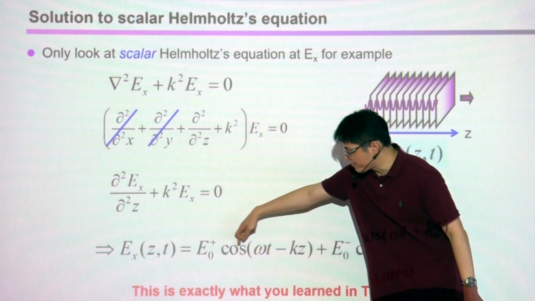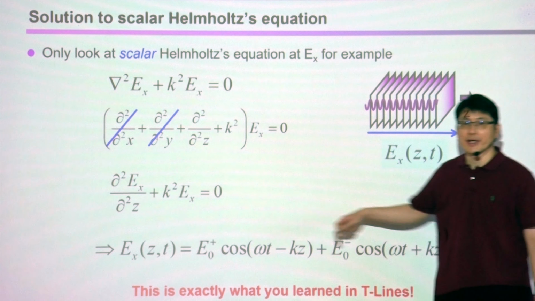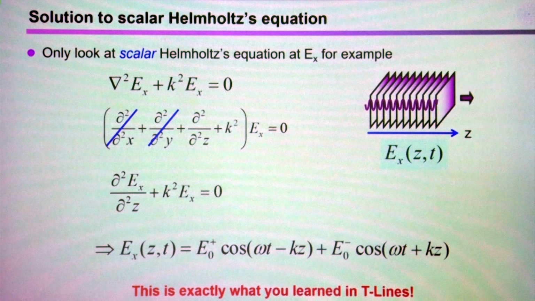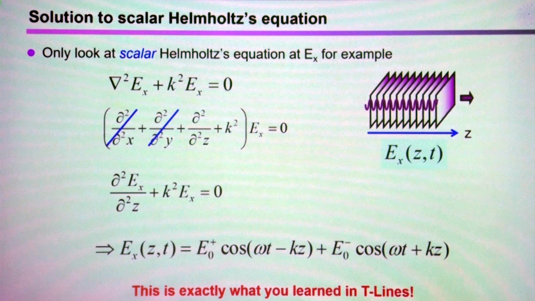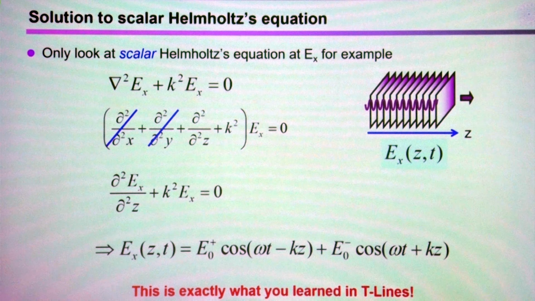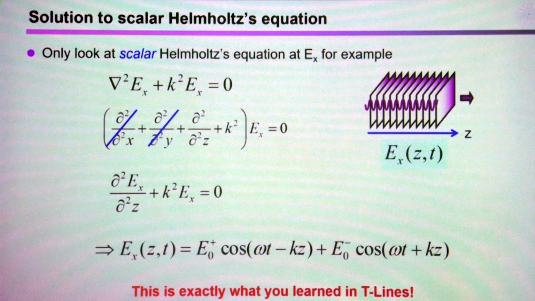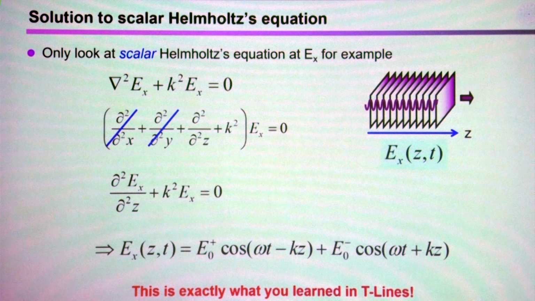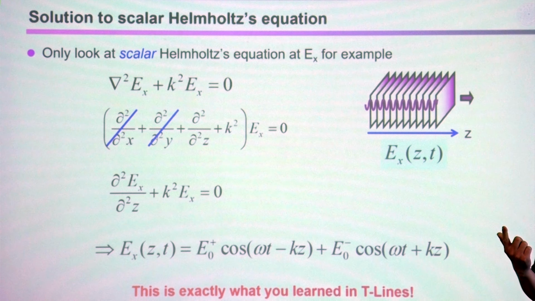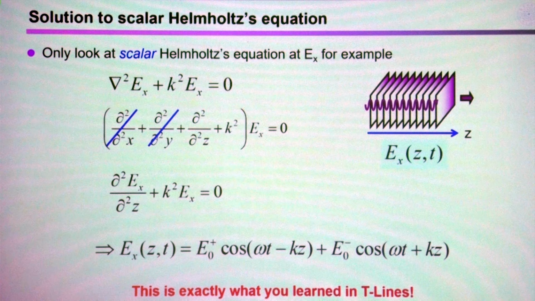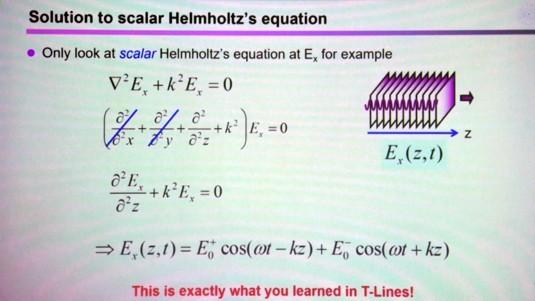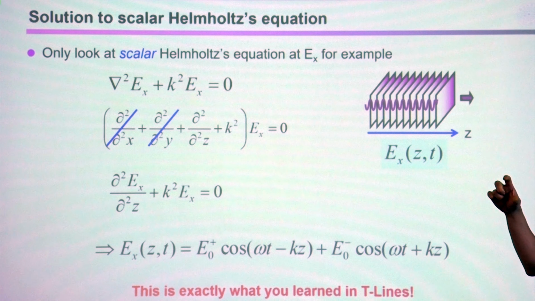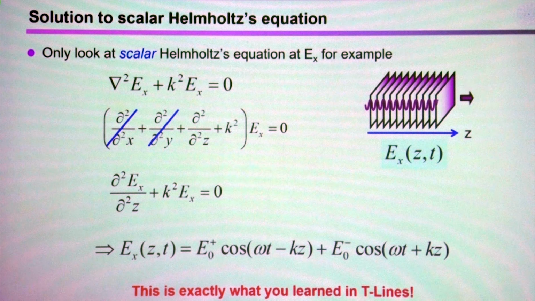You have a forward propagating wave, and you are allowed to have a negative propagating wave. Right? Remember, for our voltage wave and current wave on a transmission line, we expect to have forward and backward. Backward propagating voltage or current wave is due to impedance mismatch. Okay?